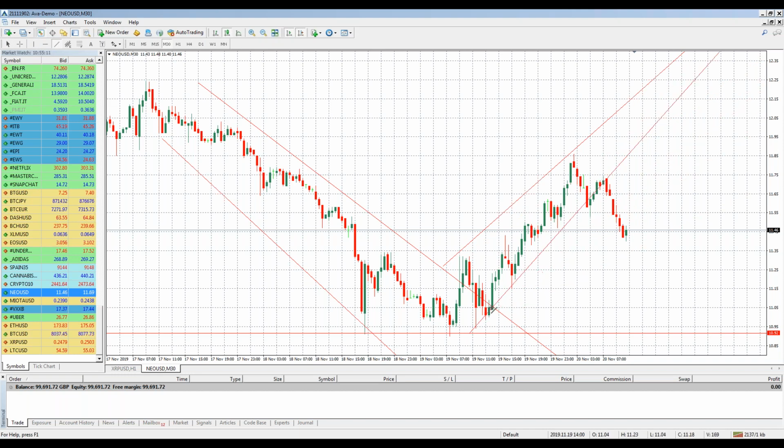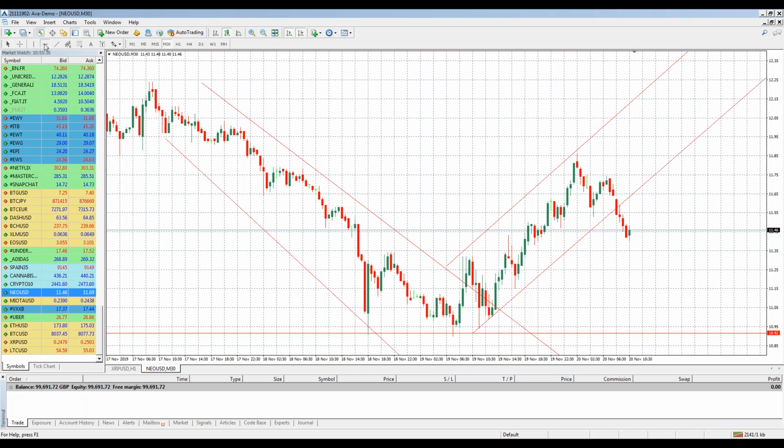Okay? Then we see a reversal, but we also see a support level right here. This was resistance, resistance. It broke through here and came back above and then acted as support. And here it is bouncing off this support here.